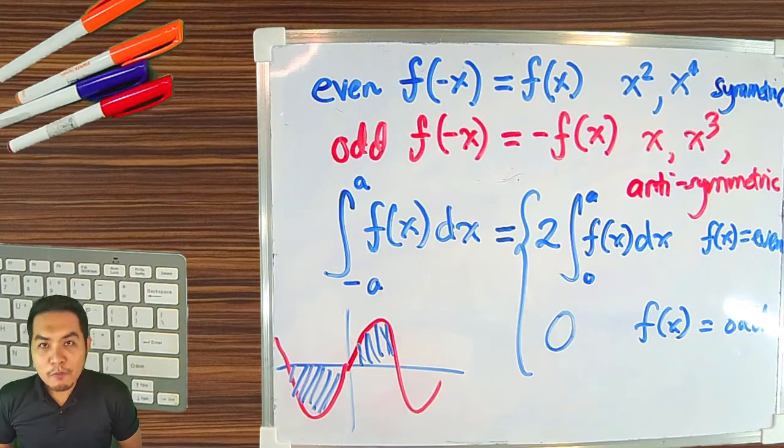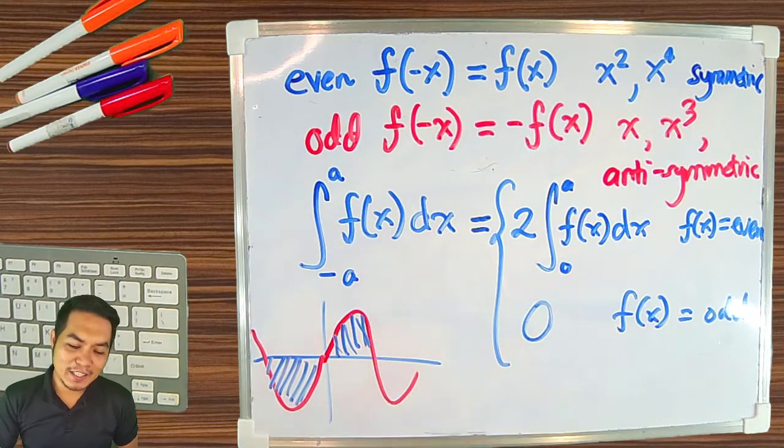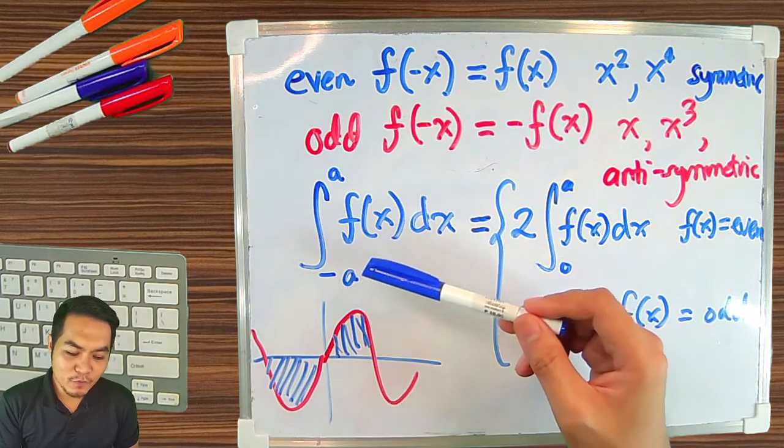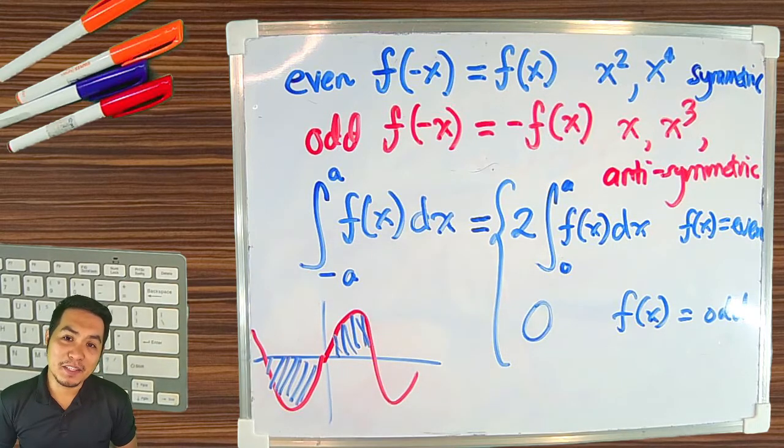So whenever you encounter integrals, first check if your integrand is either even or odd. If you are integrating on even limits, always check if your integrand is even or odd, because if you identify that, your life could be easier by using this property of odd and even functions.